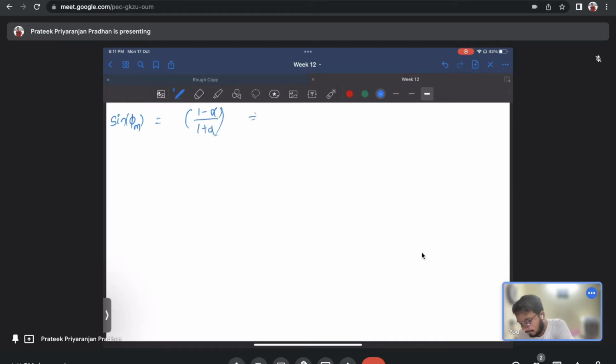In the question, phi m is 45 degrees, so sin 45, which is 1 by root 2, is equal to 1 minus alpha divided by 1 plus alpha. That implies you can calculate the value of alpha: 0.707 is equal to 1 minus alpha by 1 plus alpha. Then you need to calculate it.